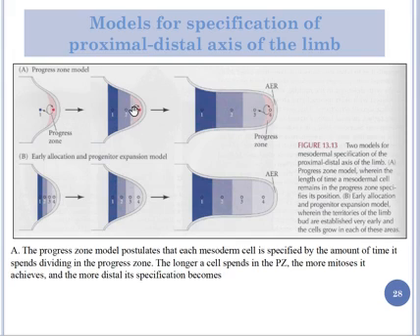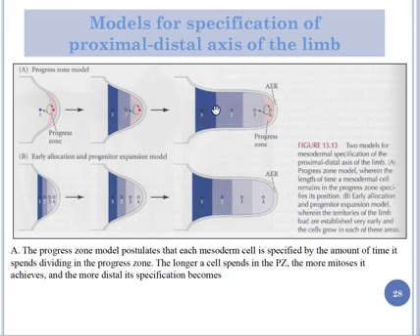The progress zone model postulates that each mesodermal cell is specified by the amount of time it spends dividing in this progress zone. So the longer a cell spends time in this progress zone, the more mitosis it will achieve, and the more distal structures it will give.